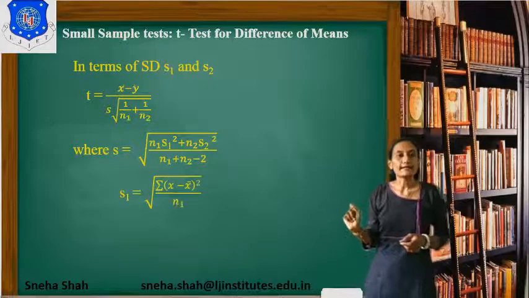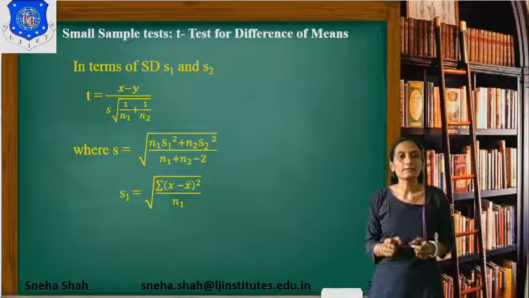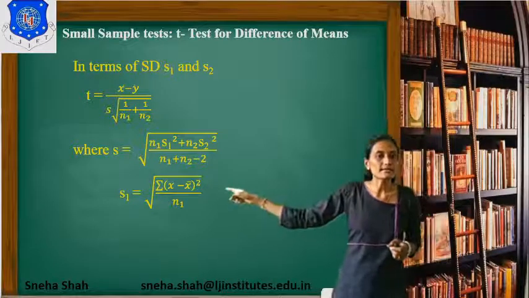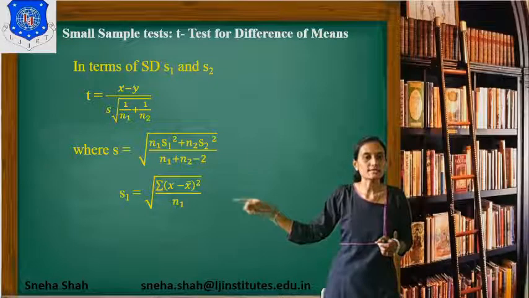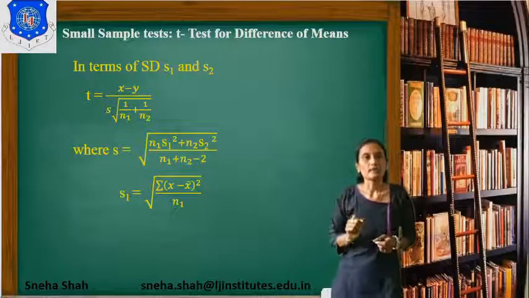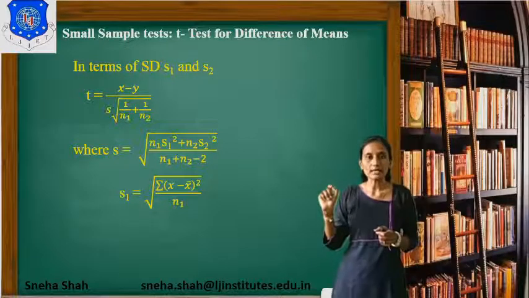Now if you want to find s1, it is the standard deviation of random variable x, represented by under root of summation x minus x bar whole square divided by n1. Because, as you know, the standard deviation is the under root of the variance.